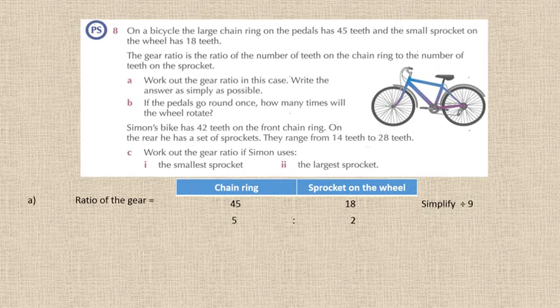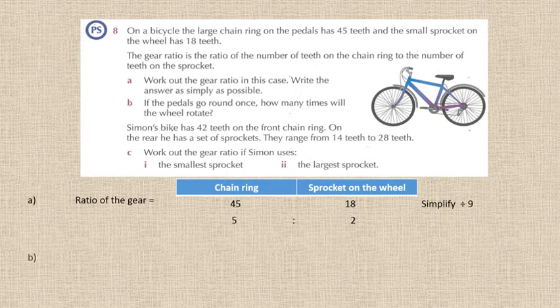And question number B here is the problem solving question. If the pedals go round once, how many times will the wheel rotate? When you think about it, the chain ring on the pedals has 45 teeth, and the small sprocket on the wheel has 18 teeth.